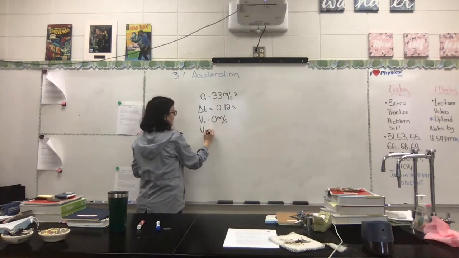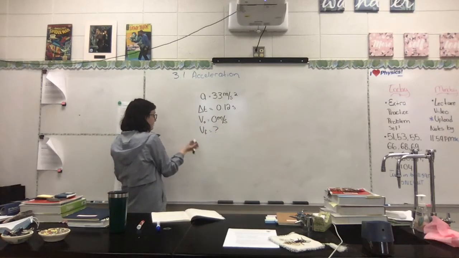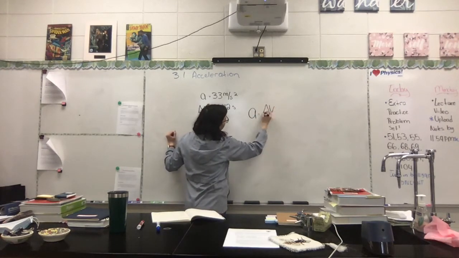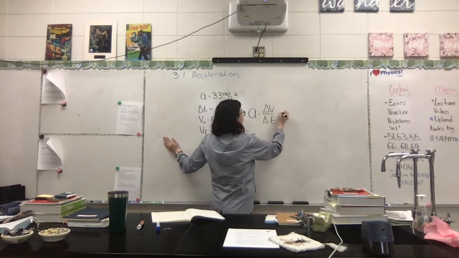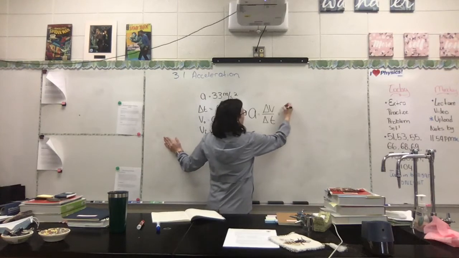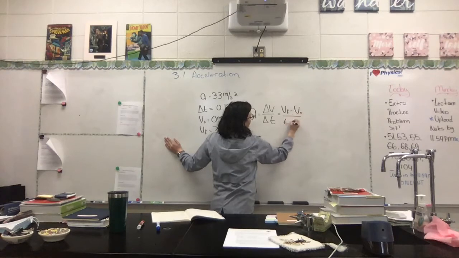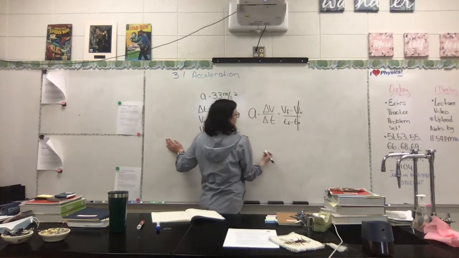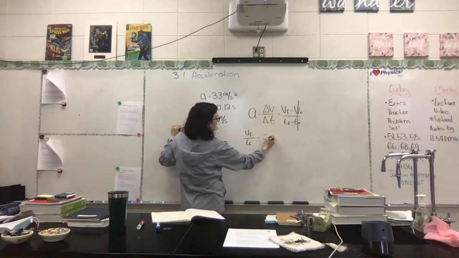And what we want to find is the final velocity of his tongue when it's catching the insect. So again, we're going to have that our acceleration is equal to the change in velocity over the change in time. And we have that the change in velocity is VF minus V naught over TF minus T naught. We know that both of these initial values are 0. So we're going to have our final velocity over our final time is equal to acceleration.